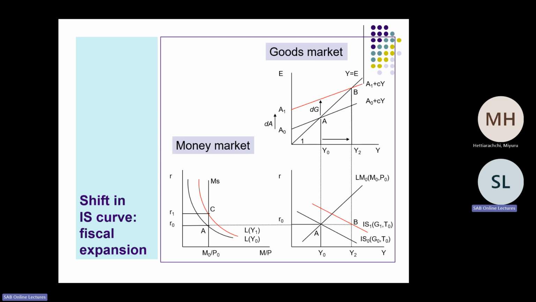Because money supply is constant, there will be pressure on the interest rate to rise. So when there is an interest rate rise, we know that money demand under the speculative motive decreases, no? So we know that the interest rate increases until this excess money demand comes to zero, right? So there is a rise in the interest rate from R0 to R1, right?